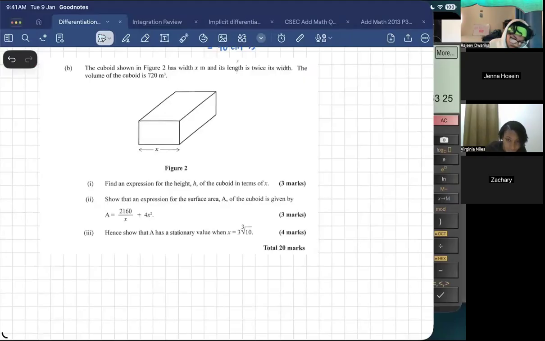Show that the expression for the surface area A of the cuboid is given by A equals 2,160 over x plus 4x squared. 3. Hence show that A has a stationary value when x is 3 times the cube root of 10. These are the type of questions you could expect in an odd math paper 3.